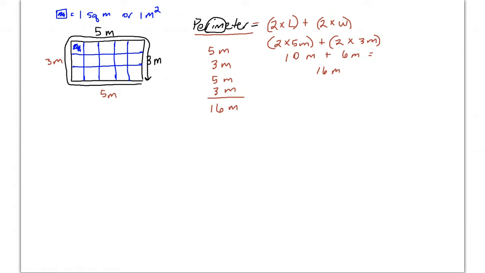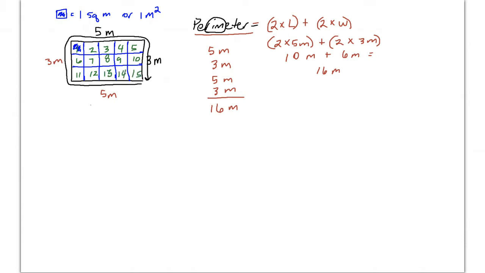You could look at the area by simply counting the squares. In a different color, here's 1, there's 2, 3, 4, 5, 6, 7, 8, 9, 10, 11, 12, 13, 14, and 15.